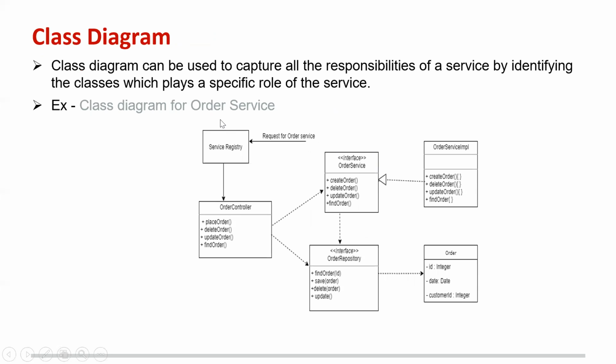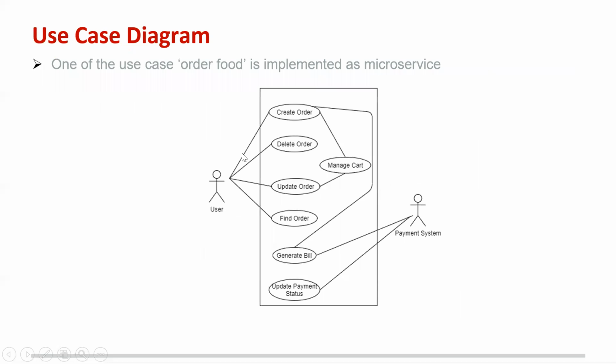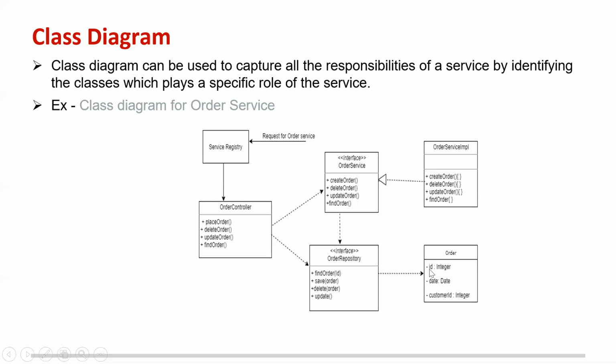For the same order service, which is explained in this use case diagram, we will see how to create the class diagram. For this example, I have taken the Spring microservice design. In that we will be creating some classes called the controllers, and we will be having the services.